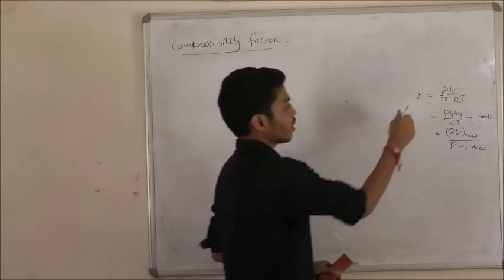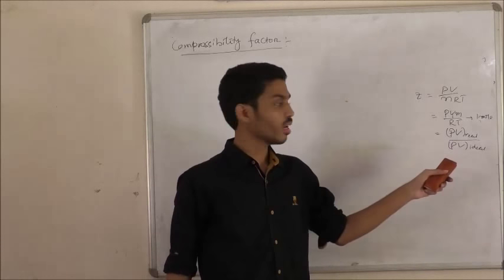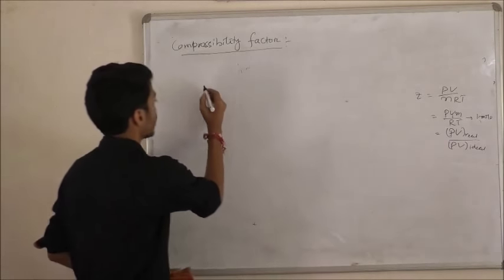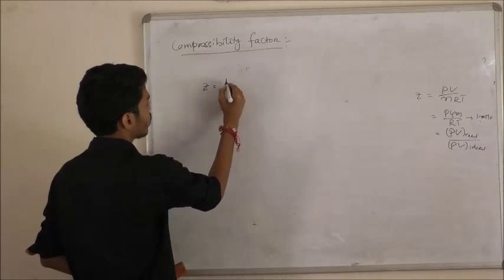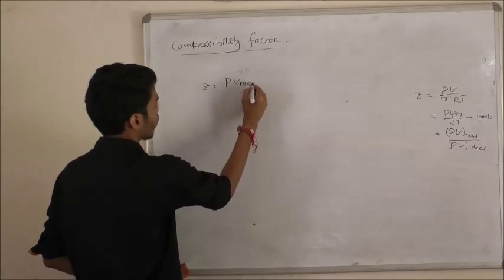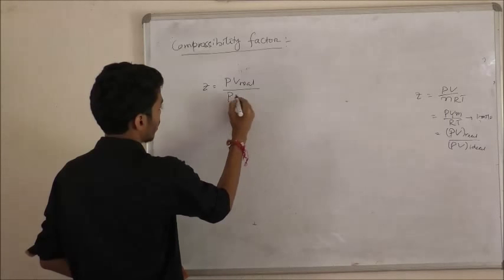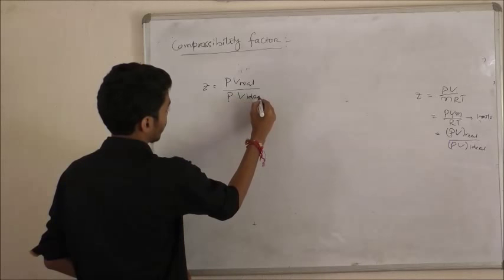Now you see we wrote Z equals PV real upon PV ideal. So we can write Z equals PV real and PV ideal.